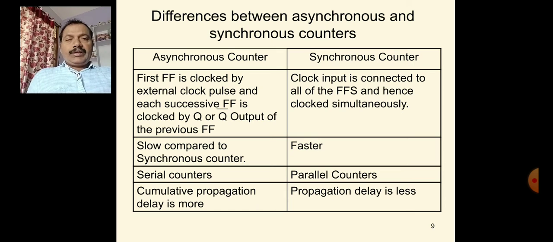And asynchronous counters are called serial counters, and the synchronous counters are called parallel counters. Here in the asynchronous counter, the cumulative propagation delay is more. In the synchronous counter, propagation delay is less.